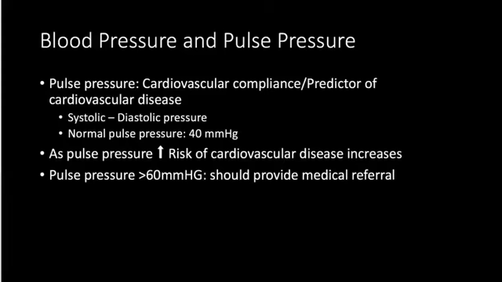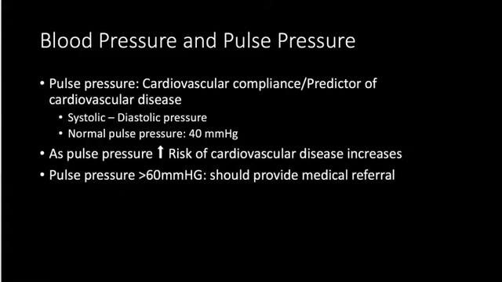Blood pressure and pulse pressure. The pulse pressure is very important. It tells you about the cardiovascular compliance, or the ability of the blood vessels to expand and contract, and this is a predictor of cardiovascular disease. You take systolic minus diastolic pressure, and a normal pulse pressure would be around 40.